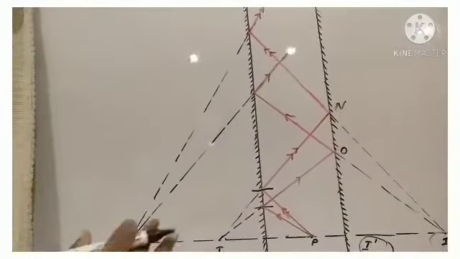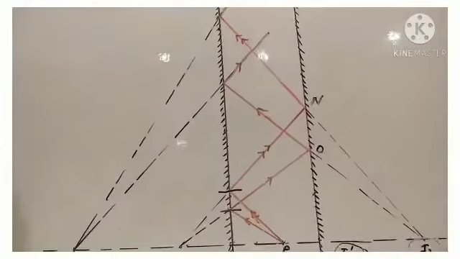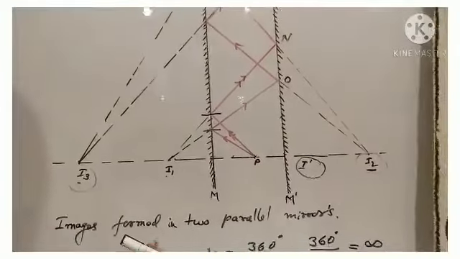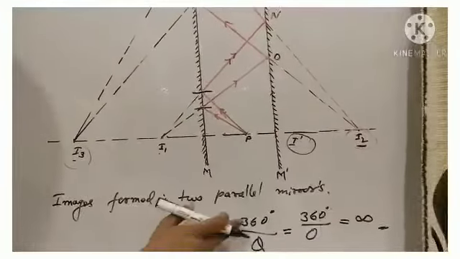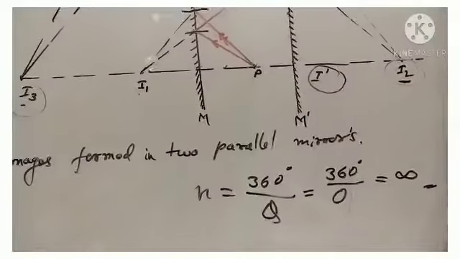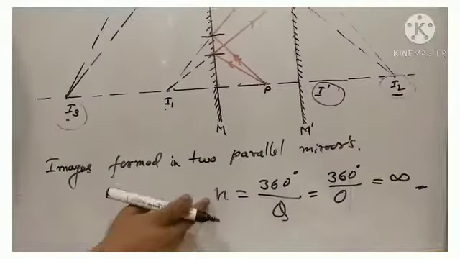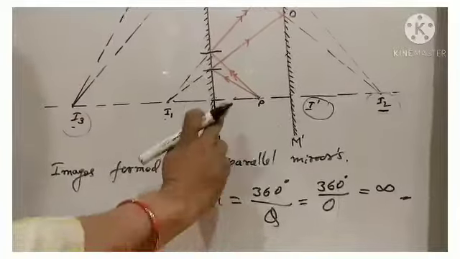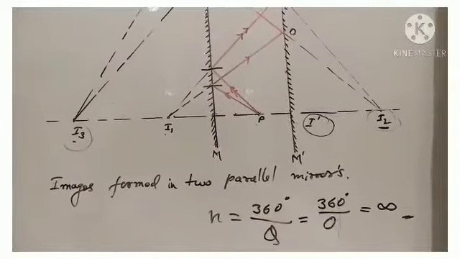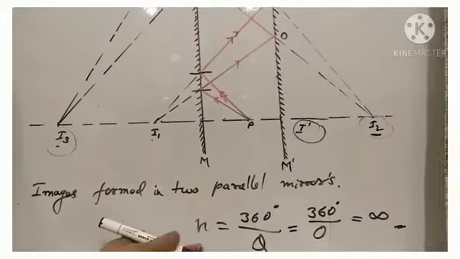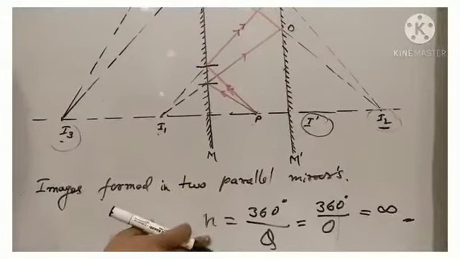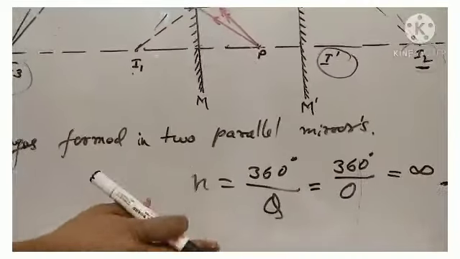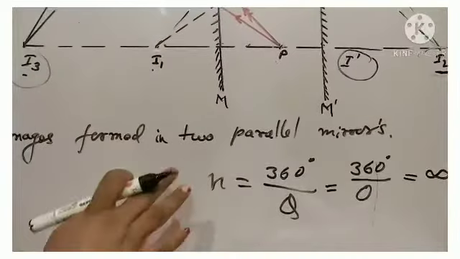Now how many images will we get? To calculate, we know the formula: n is equal to 360 degree by theta. Here n means the number of images, and theta means the angle between the two mirrors. This is the formula to calculate how many images we get when two plane mirrors are kept parallel or perpendicular to each other.